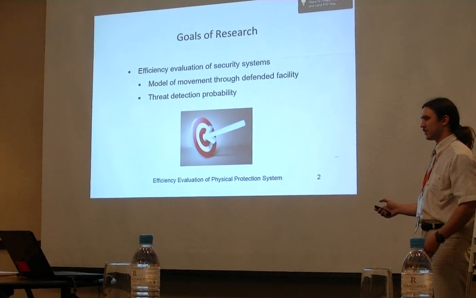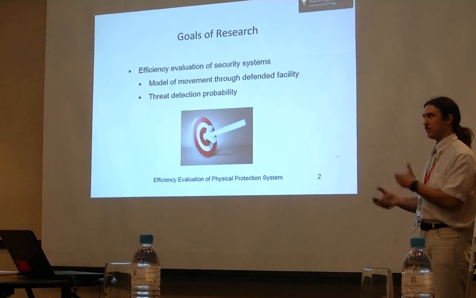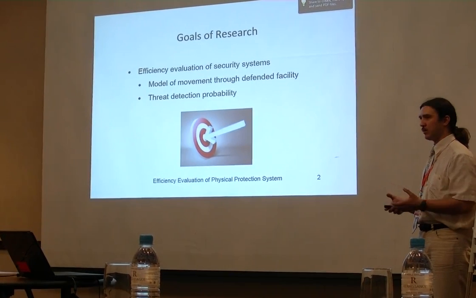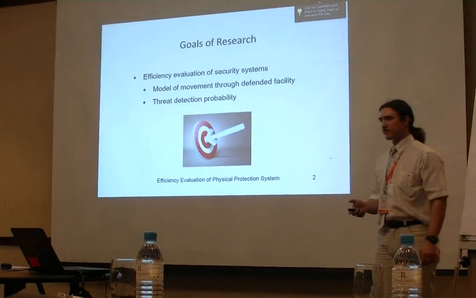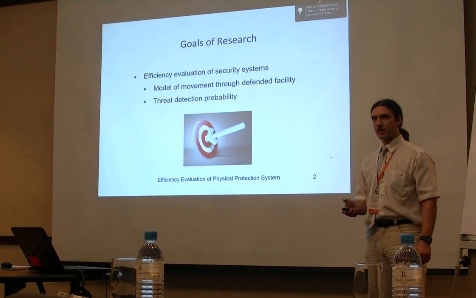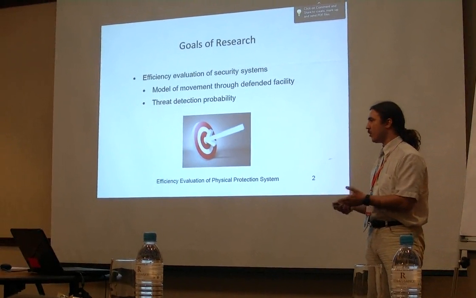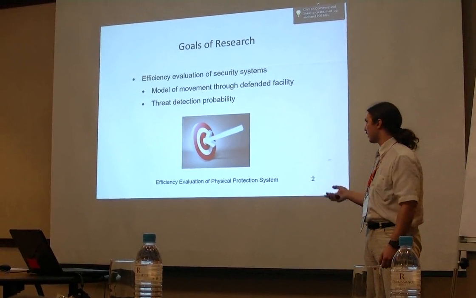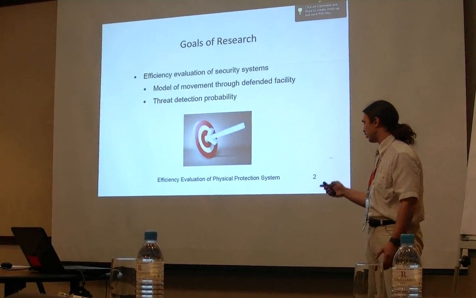You have to somehow create a method to calculate where intruders are detected. Although there are some existing approaches, further research is needed, and our work is focused on such research.